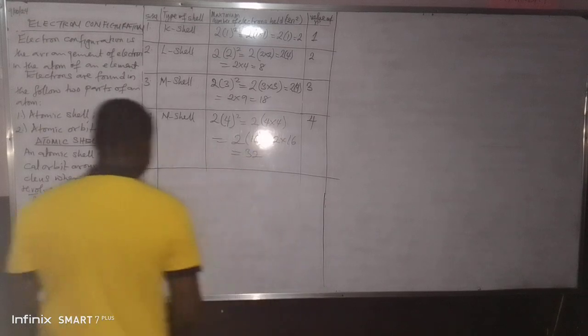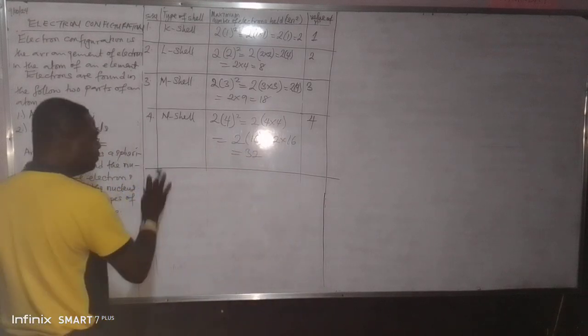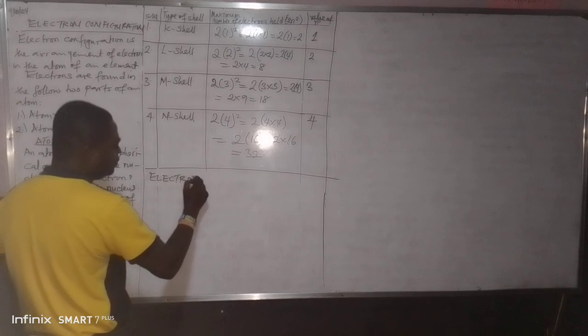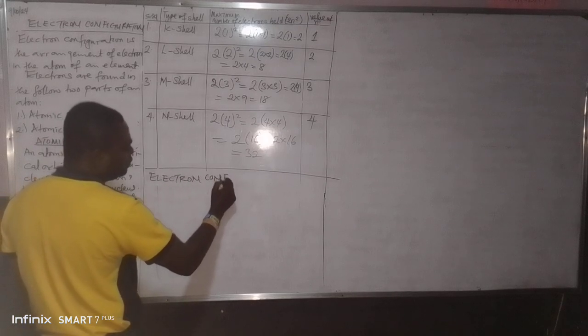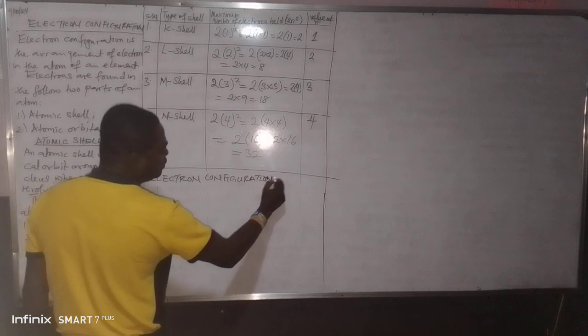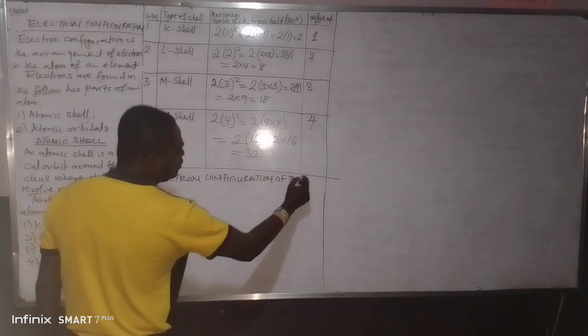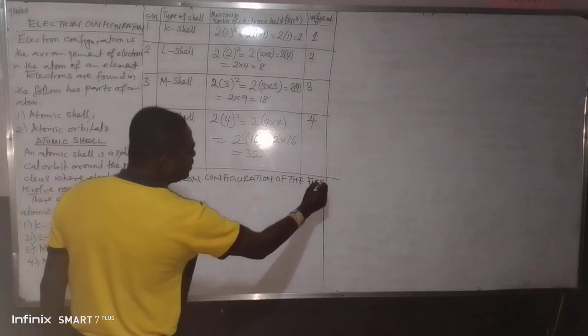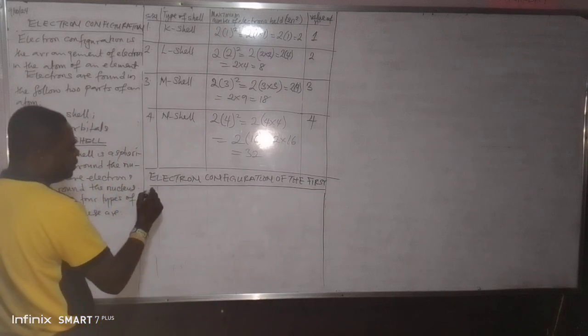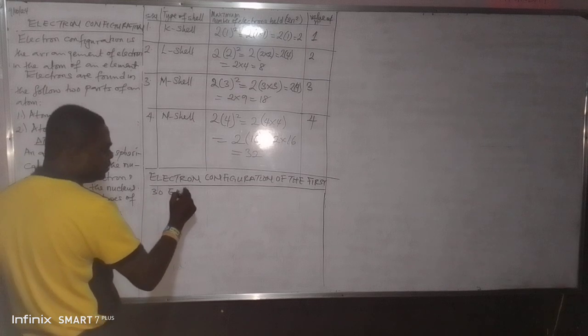Then with this, we want to form the electron configuration of the first 30 elements.